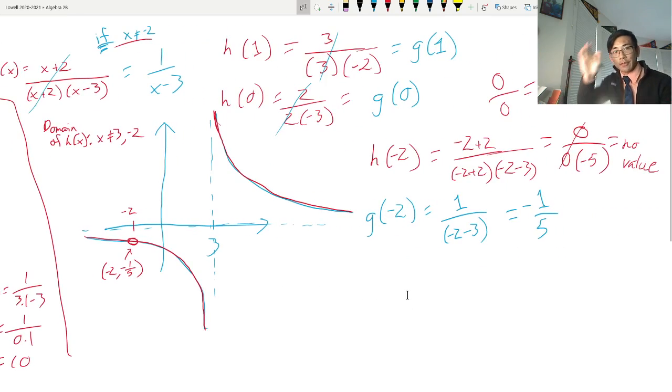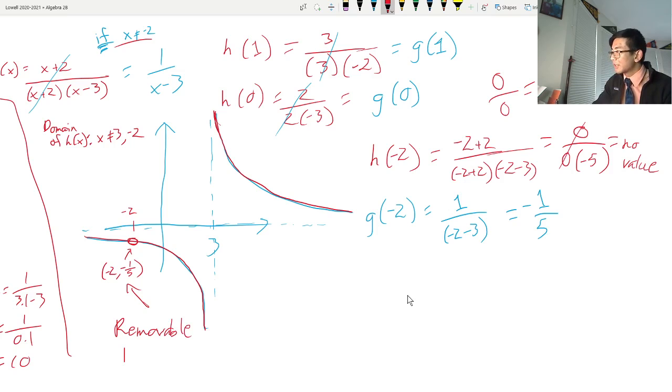This point that we've plucked out has a special name. It's called a removable discontinuity. Removable discontinuity. Why is it called a discontinuity?